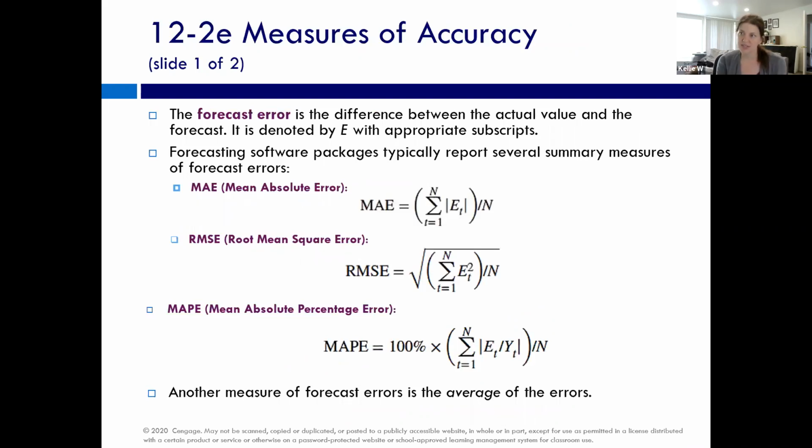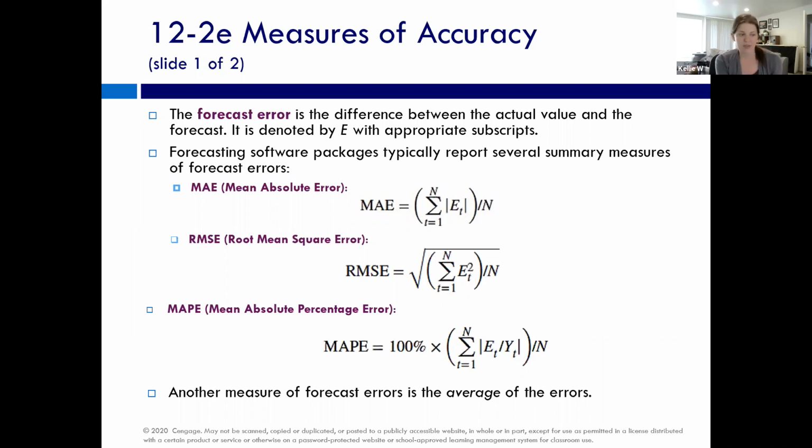We're not going to do these calculations. Don't stress too much about the formulas that they're showing you. Just like we measure the accuracy of regression, we can measure the accuracy of our forecasting, and we calculate forecast error. It's the difference between the actual value and what we forecasted.